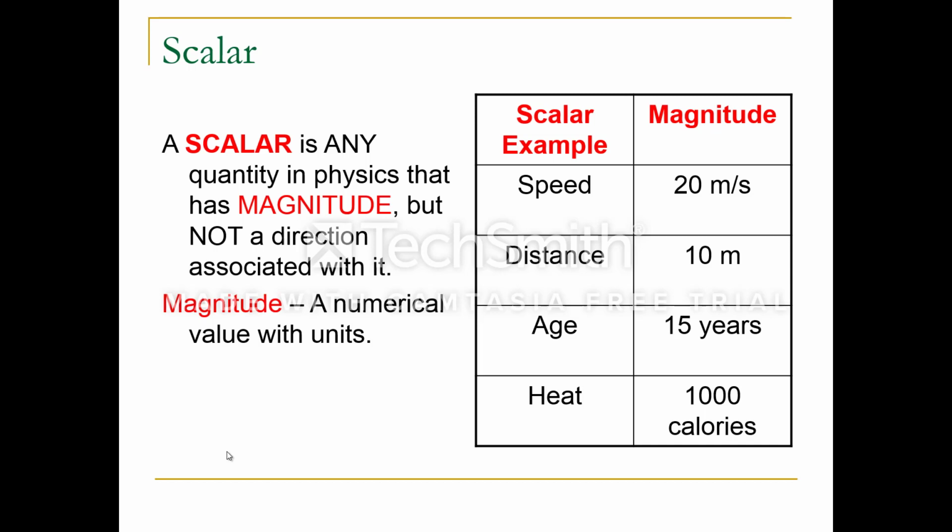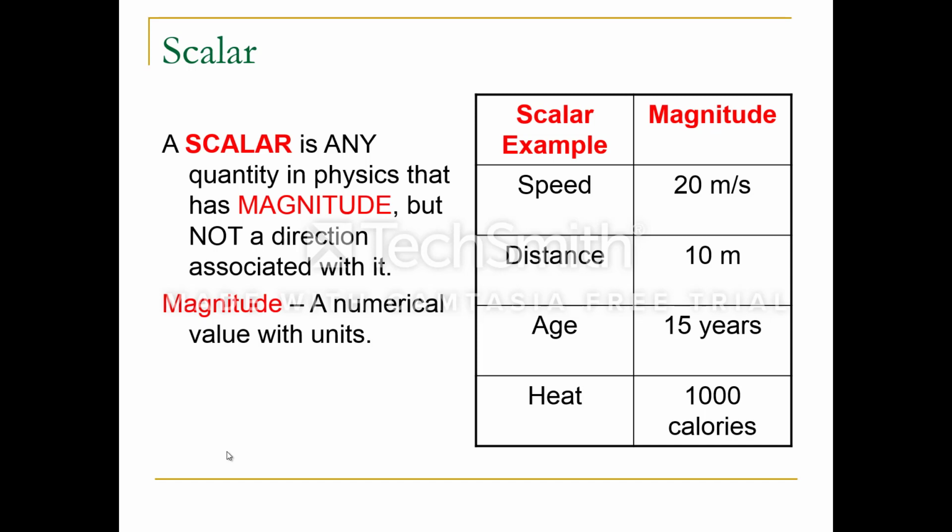So here are some examples of scalar quantities: speed, distance. Remember we talked about speed and distance. Those always have to be positive values, which is why they're not telling you anything about a direction, they're just a magnitude. When you look at your Fitbit at the end of the day and it tells you how many steps you've taken, it doesn't tell you which way you traveled, it's just a number, it's a magnitude. Your car's odometer, same thing.